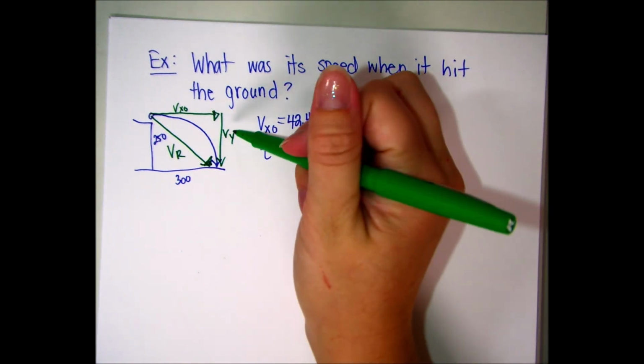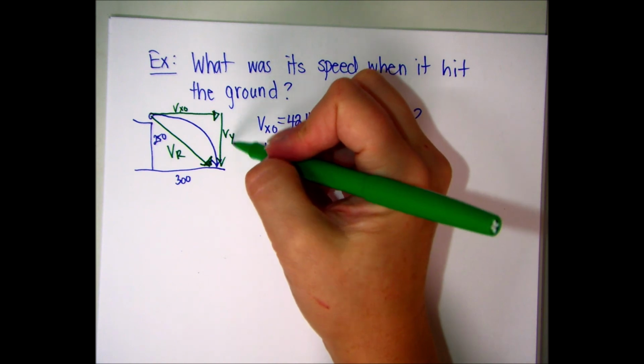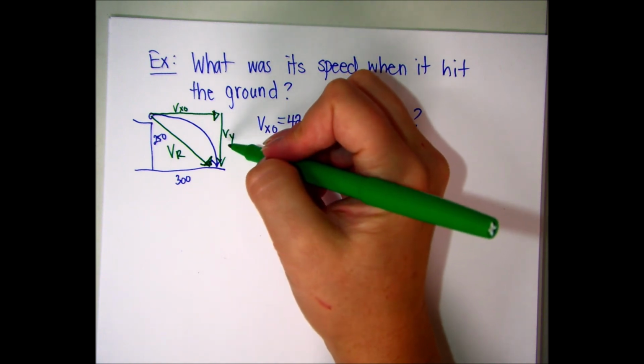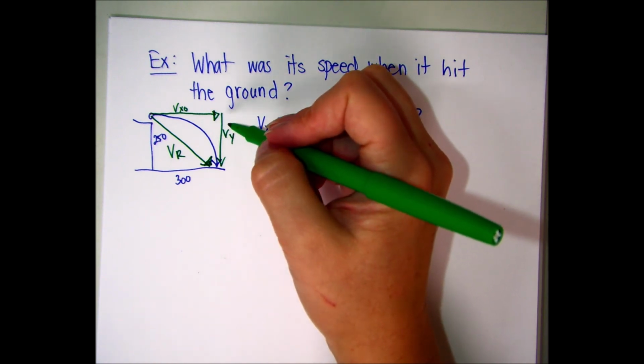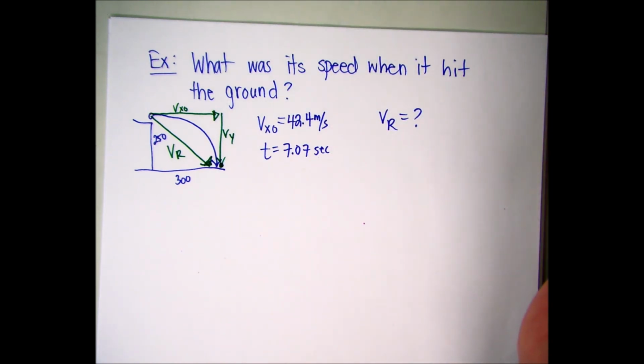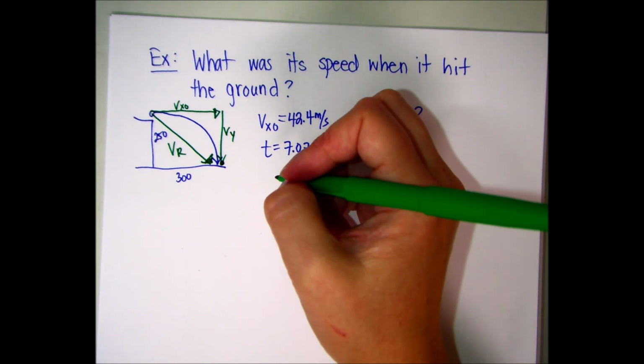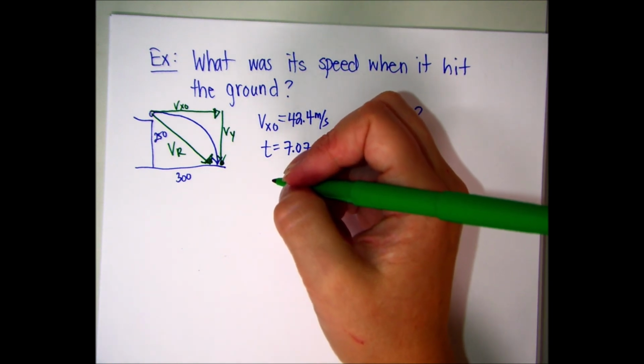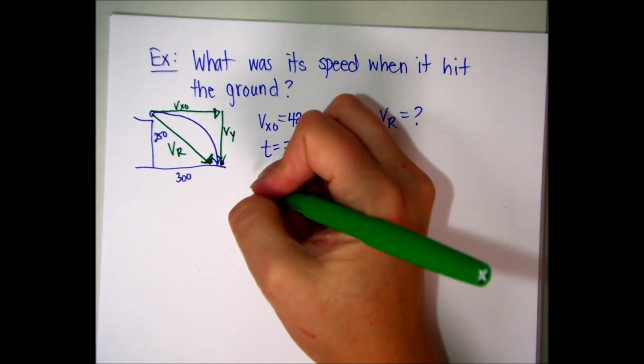So what you need that we don't have yet is the vertical component of this triangle, the velocity when it gets to this point in the vertical direction. So in order to solve that, we're going to use equation number 3 from our kinematic equations.